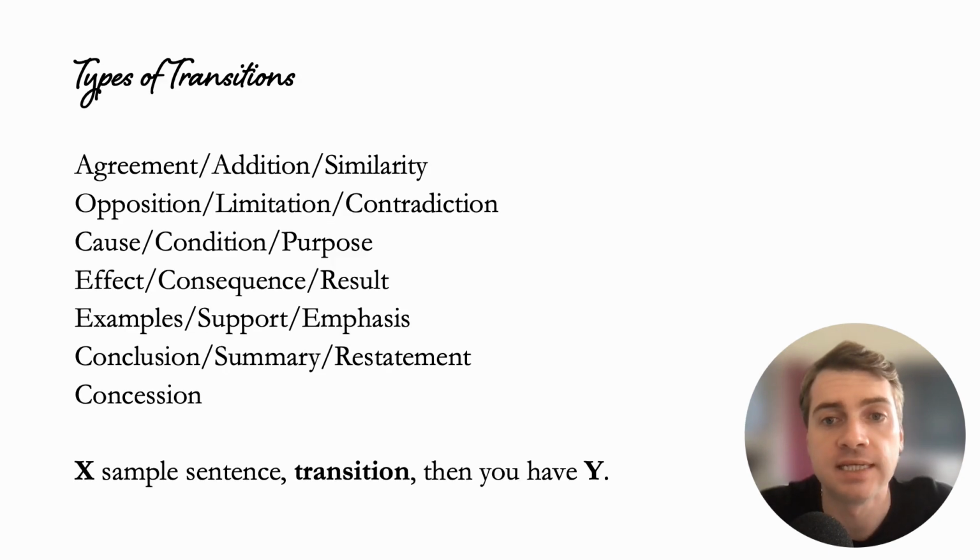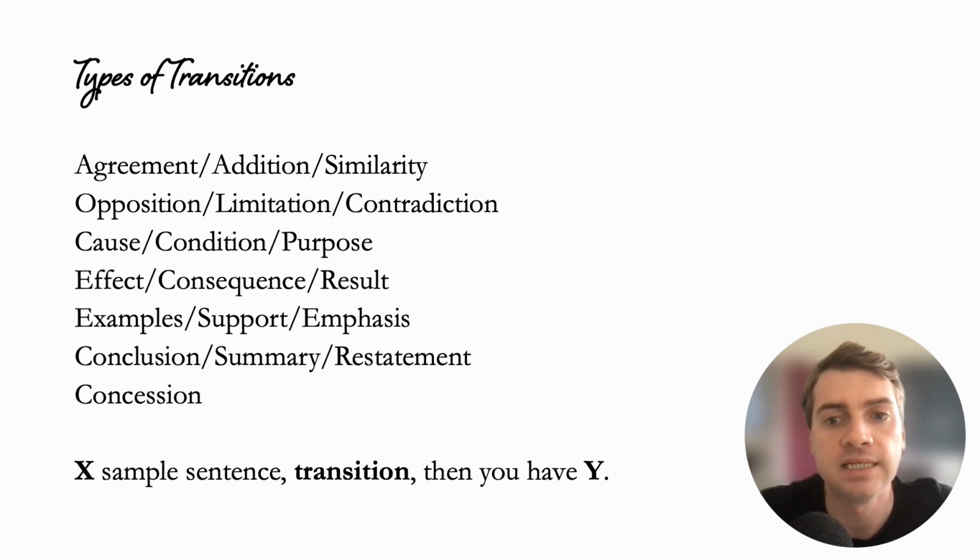So what I've done in this lesson is I've broken down all the transitions into these types. Each one follows a formula for that type of transition. So I'm going to teach you the formula for each type so that you can easily understand the meaning of sentences with those types of transitions.